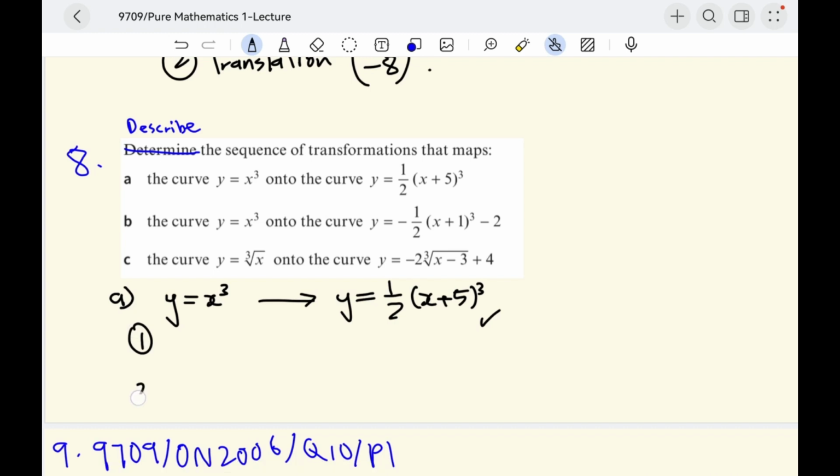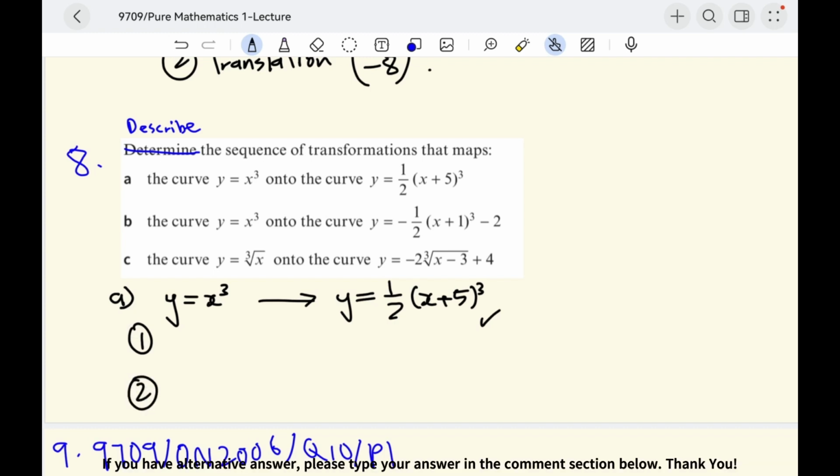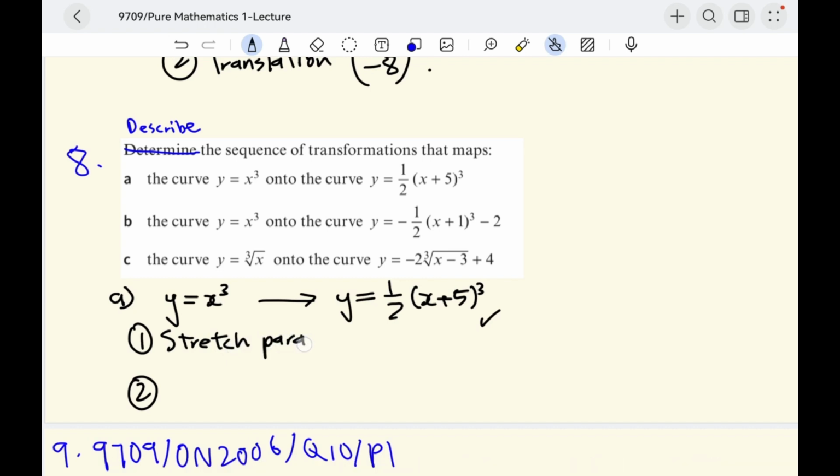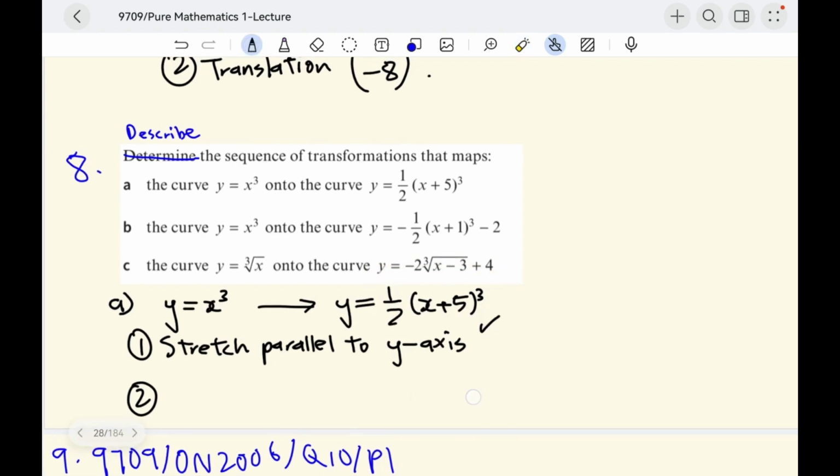For my suggested answer, first you describe the half, which is the stretch parallel to the y-axis, because you need to multiply half to the entire function, with scale factor of half. Next, you have translation.